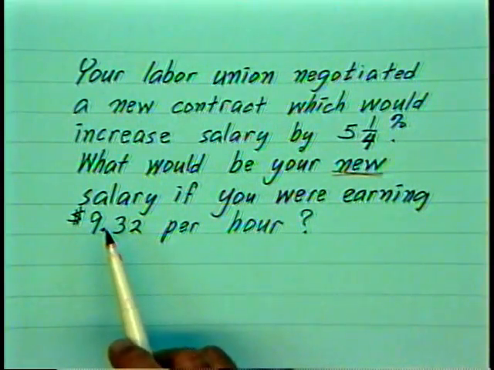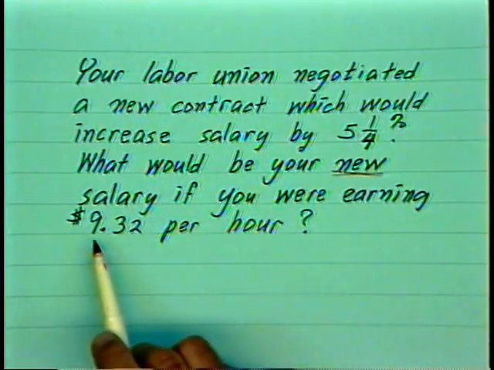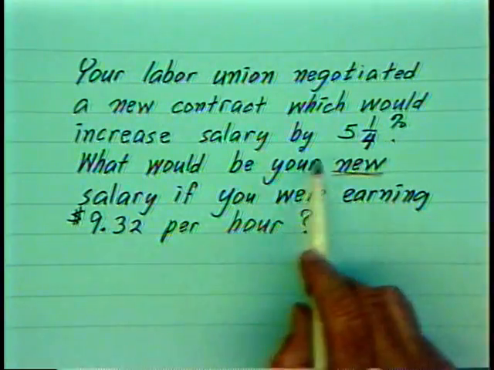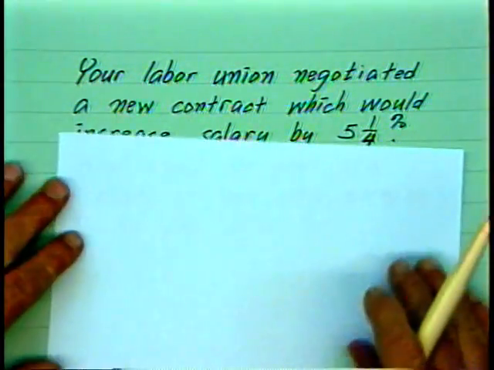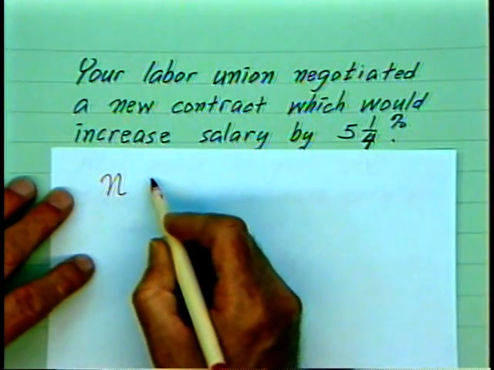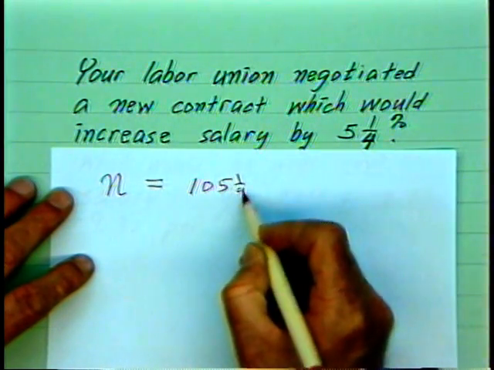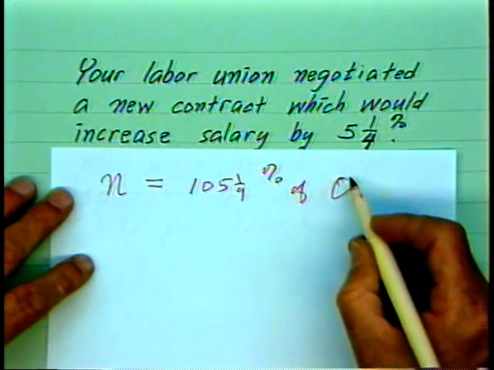Or you could think this way. I'm going to increase this, and of course this is always 100% of itself, by another 5.25%. So what we have here is that the new salary, and let's call that N, is 105.25% of the old salary.